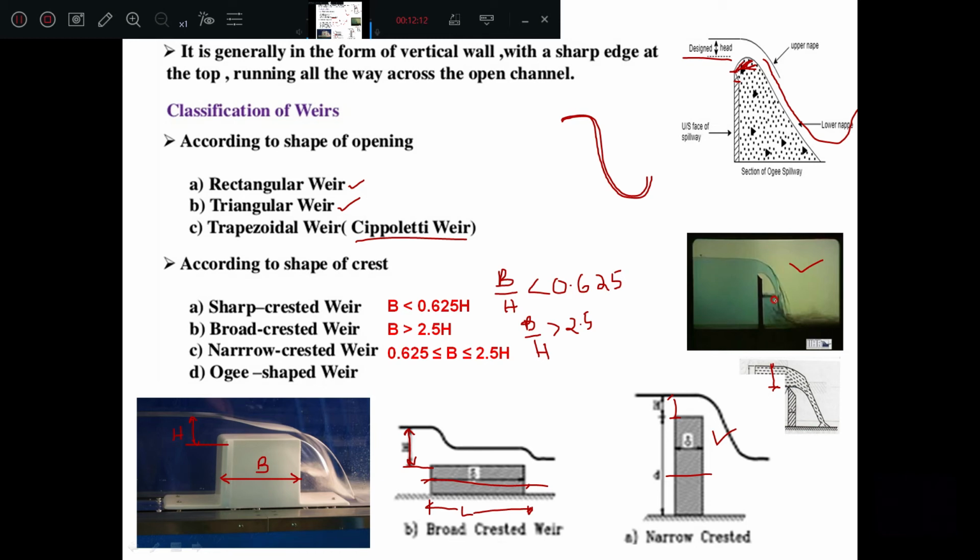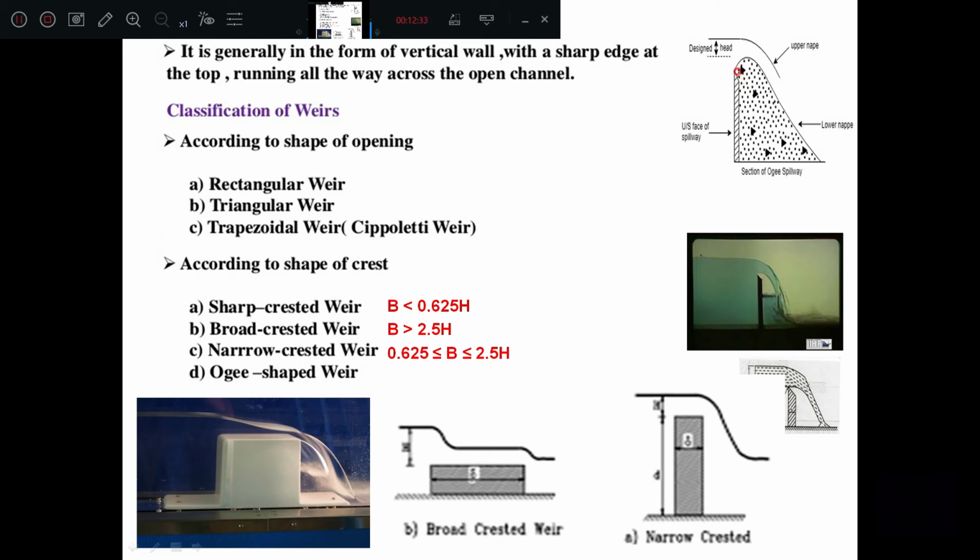If you take an ogee shaped weir, the maximum rise we are getting here from the crest, if you take the rise, this one, the maximum rise we are getting here is 0.115 H.